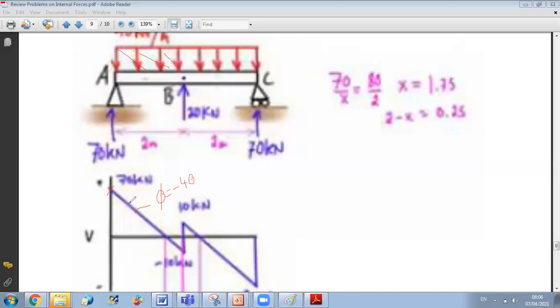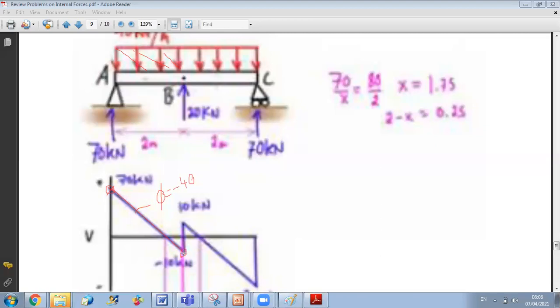So I will go downward 80, from a value of plus 70 to a value of minus 10. Then once I find the 2 points, all I have to do is join them by a straight line. Now at B, I have an upward jump of plus 20 because I have an upward force.